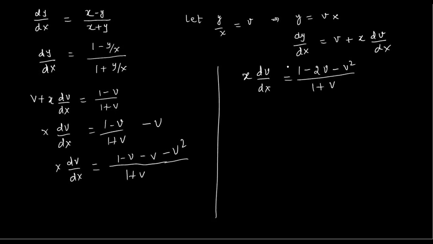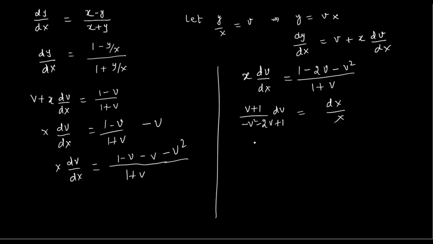Cross multiply, we get v plus 1 over minus v square minus 2v plus 1 equal to dx over x.